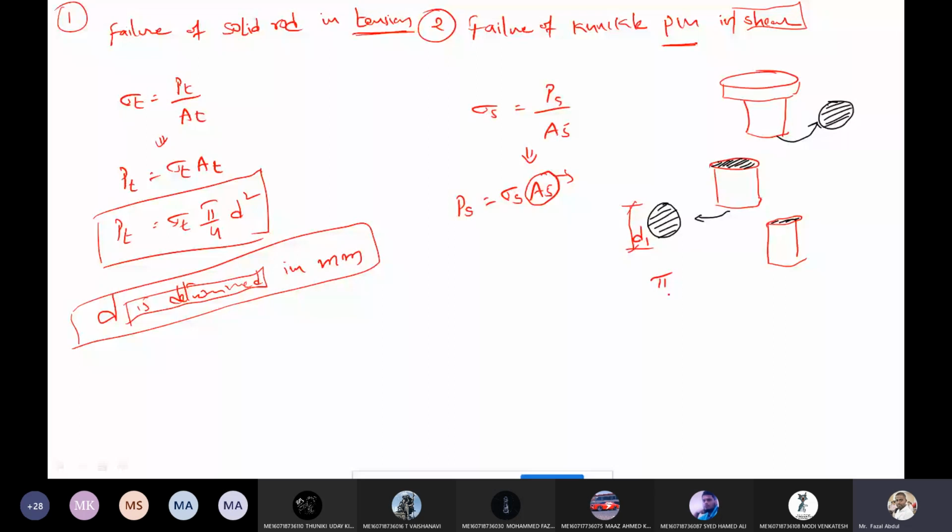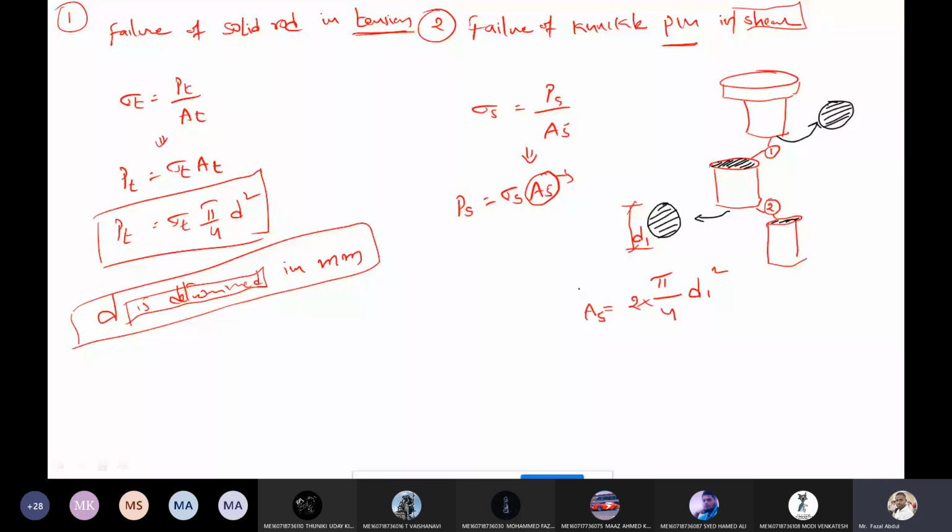Now this type of shear failure we are able to see on the two sides of the pin, means these two failures, this surface counts as one, and that surface counts as one. Total two failures we are able to see here. For that reason I am multiplying by 2 for the shear area.